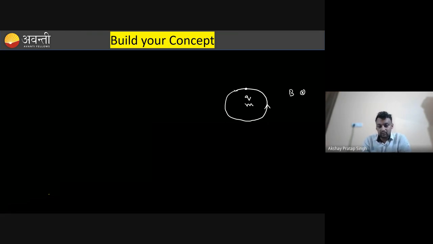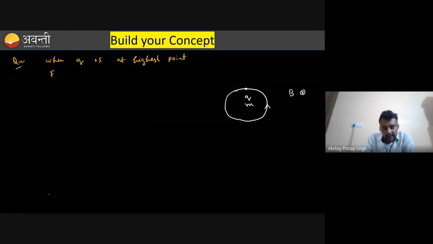when it was at this topmost point, suddenly an electric field is turned on. What I'm saying, try to listen and try to note down the question. When charge is at highest point, electric field E is switched on. Clear?